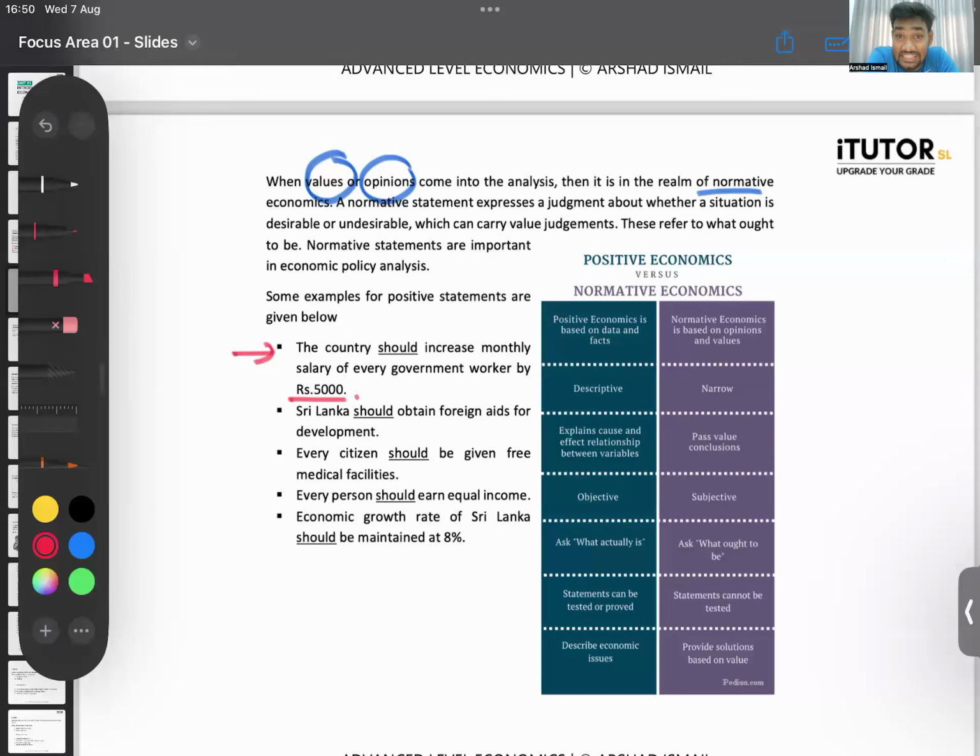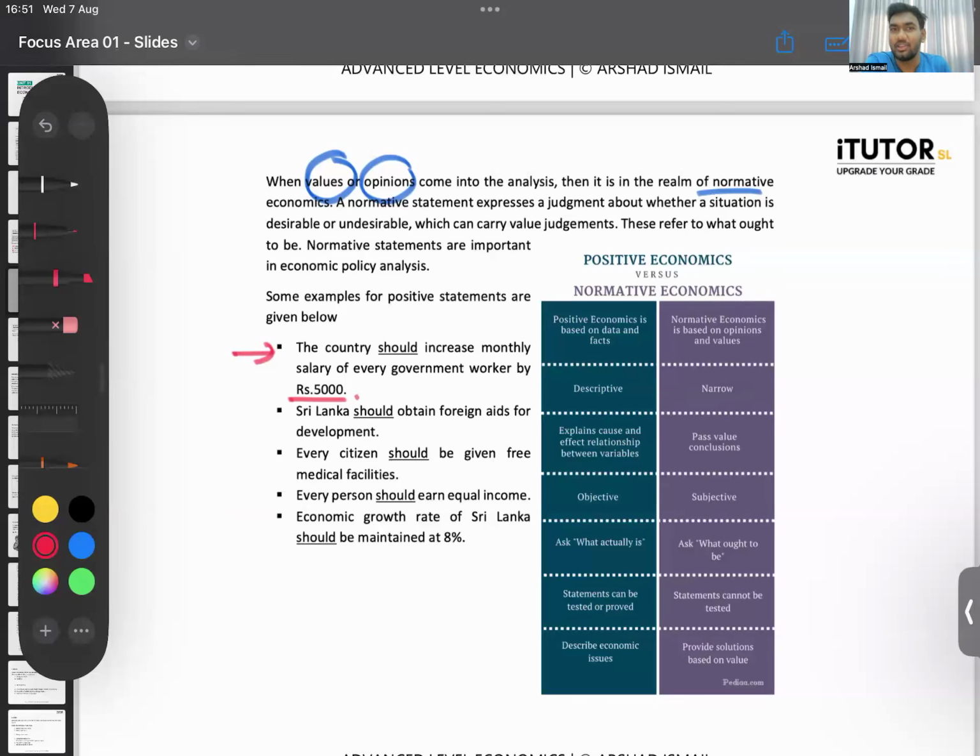These normative statements are the ones that are made for actual policy decisions. For example, in the parliament, these are what they debate. Let's say Ranil will come and say, look here, I am going to increase the plantation sector workers' salaries by 1,000 rupees. Then someone else comes. Sajid comes and says, what nonsense.